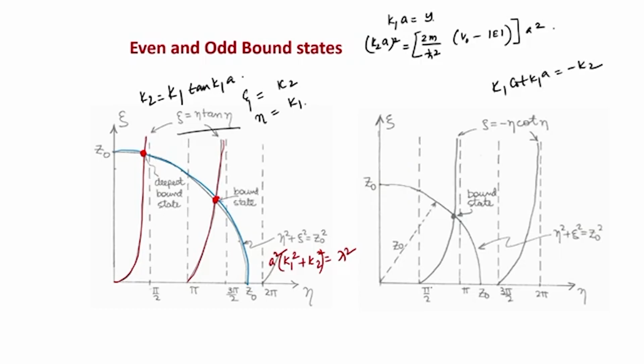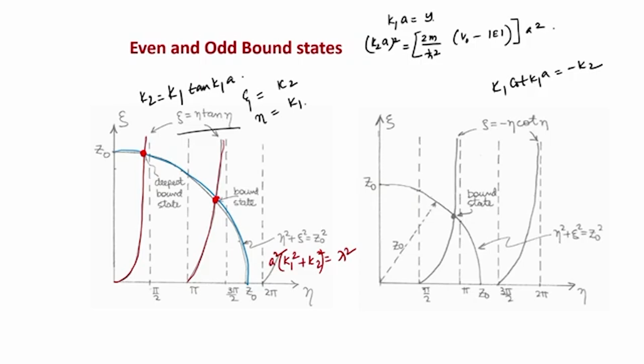it is a cot solution which does not start from eta equal to 0, or k1 equal to 0. In fact, it starts from pi by 2, and one can actually see that.